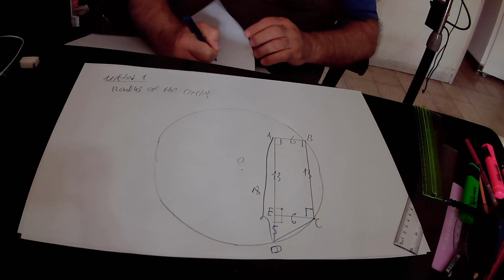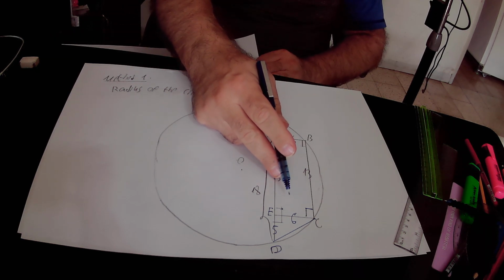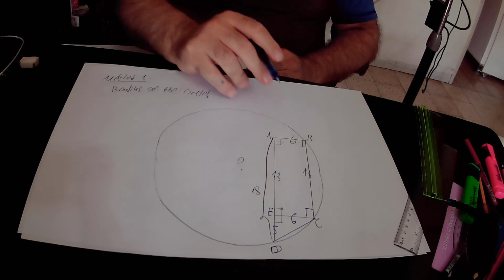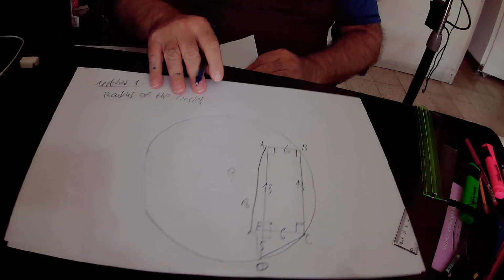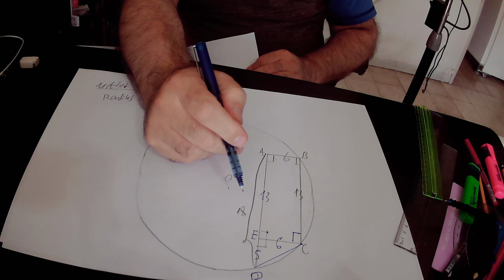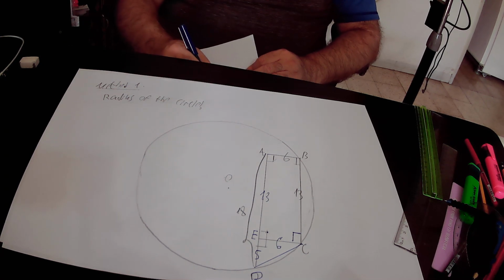DC squared, that is the square of the hypotenuse, must be equal to EC squared. EC equals 6, therefore EC squared will be equal to 6 squared, that is 36, plus ED squared. ED equals 5, therefore ED squared is 5 squared, that is 25.